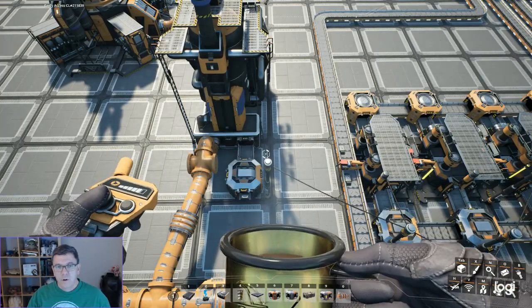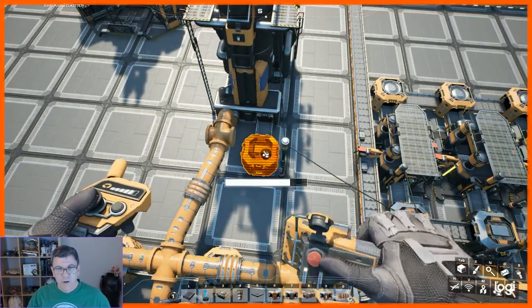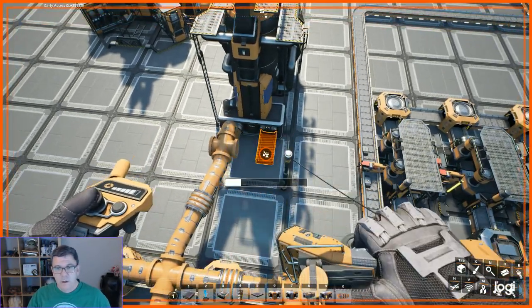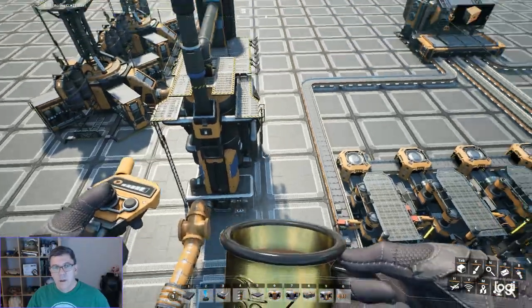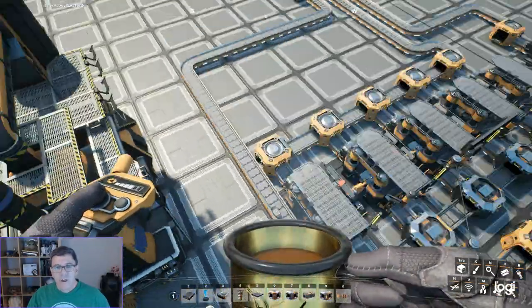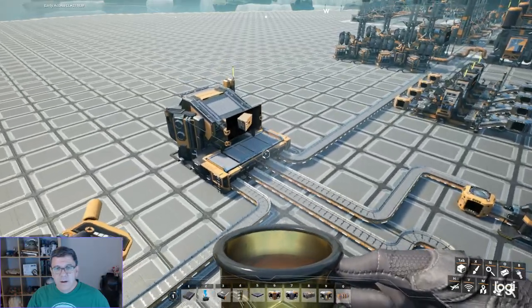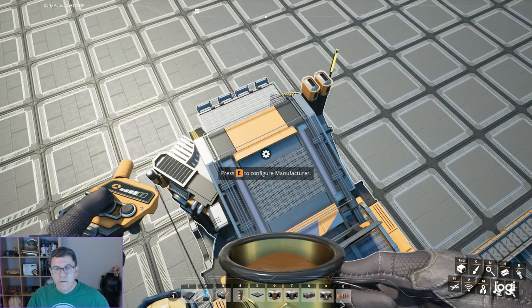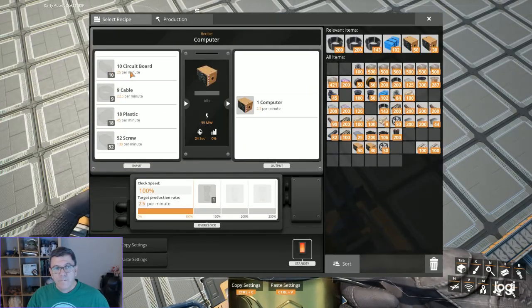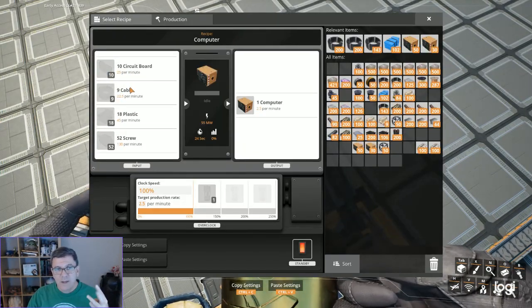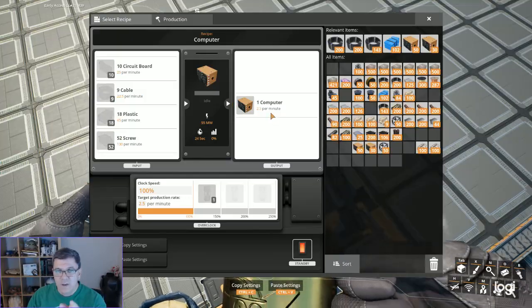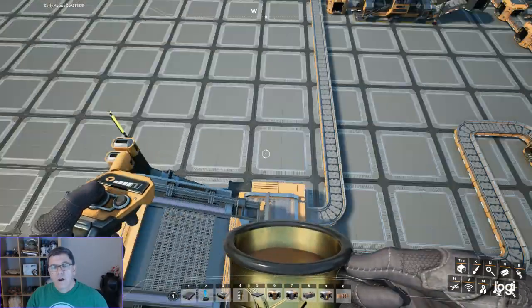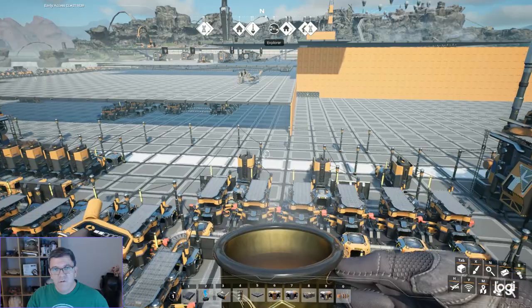I can take that off, we don't need that there. Then we feed all of our plastic here, and that gives us more than everything we need for circuit boards, cable, plastic, and screws. And that gives us 100% computers, 2.5 computers per minute.